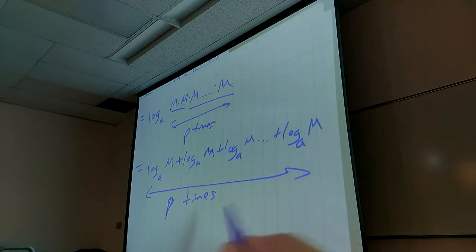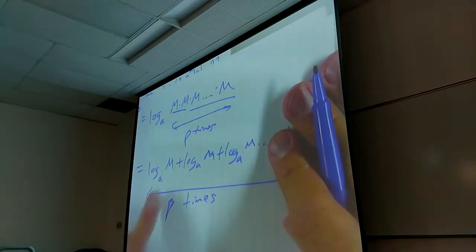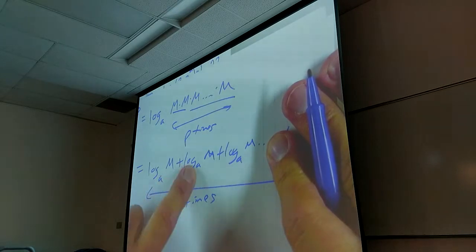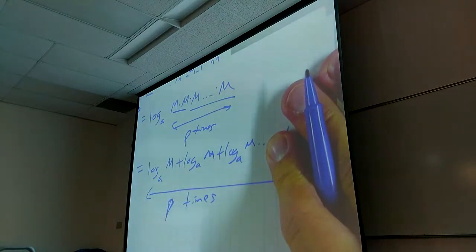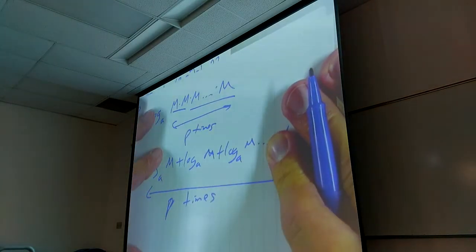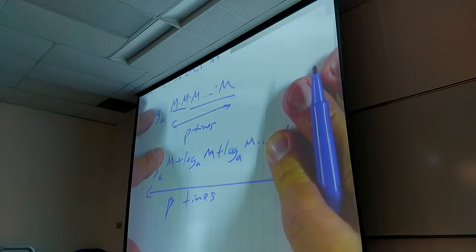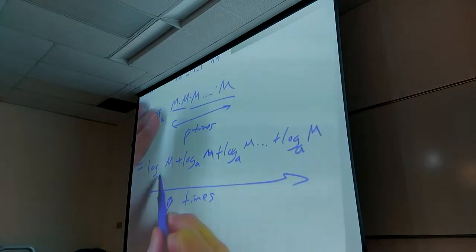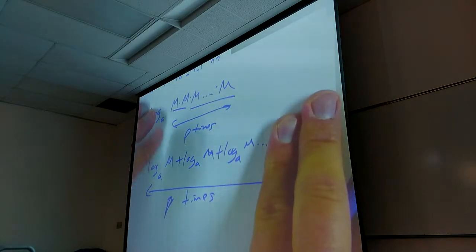If I add the same thing p times, how can I write that better? Like, what's x plus x plus x? 3x. Okay. So what's log a m plus log a m plus log a m? 3 log a m.